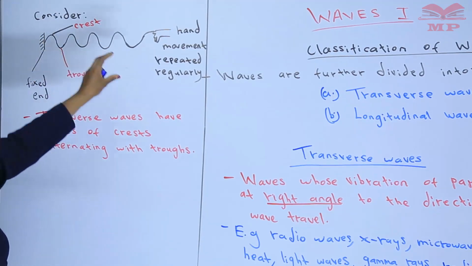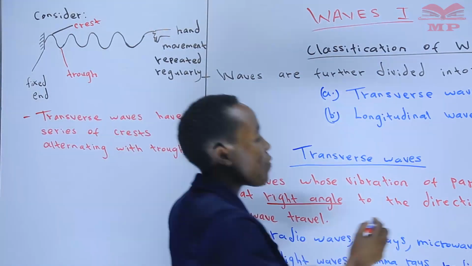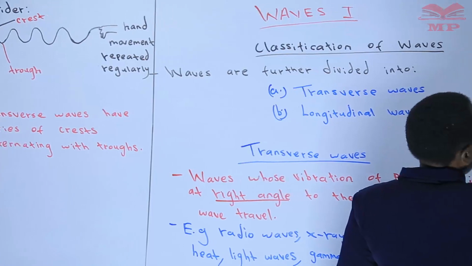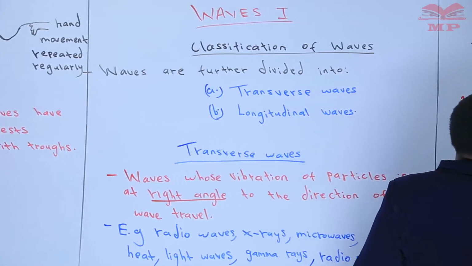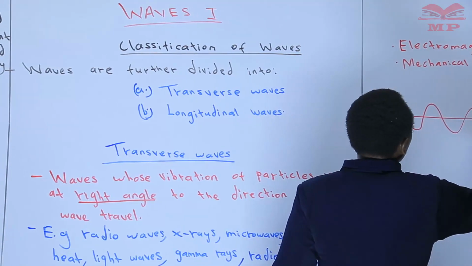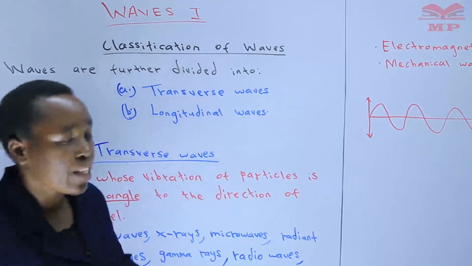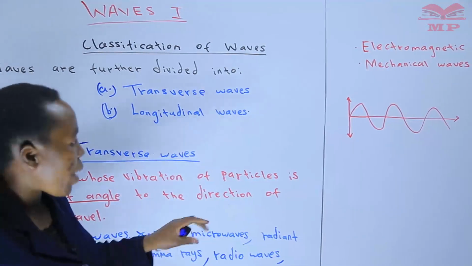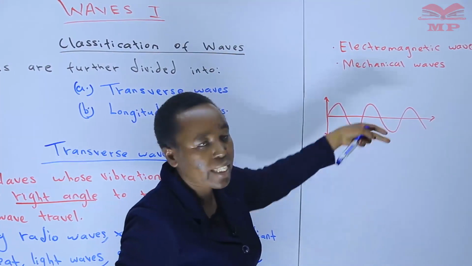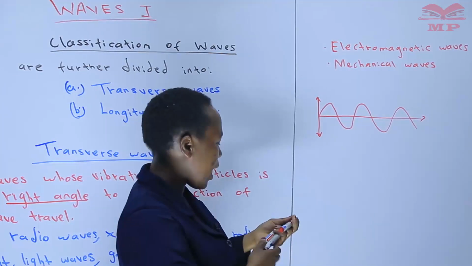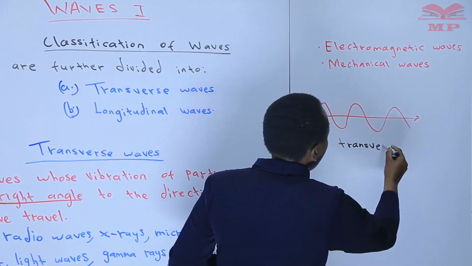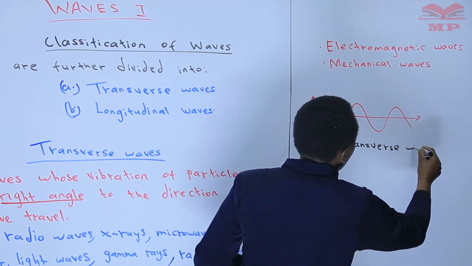When you are given a wave, for example, if a wave is drawn like this one here, and you are told to classify this wave, by just looking at it you can see there are sections of crests and troughs, and therefore you can classify this wave as a transverse wave.